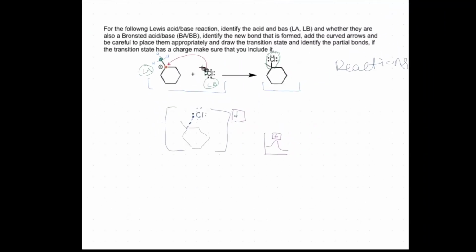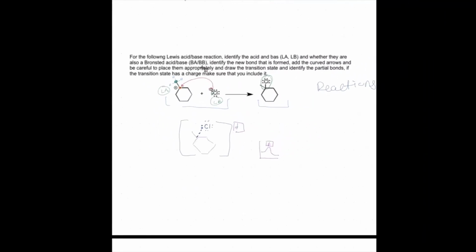Another question, because in the lecture she did say, if I'm remembering correctly, that if it's a Lewis acid and a Lewis base, it's also a Bronsted acid and a Bronsted base. All Bronsted acids and Bronsted bases are Lewis acids and Lewis bases, but not all Lewis acids and Lewis bases are Bronsted acids and Bronsted bases. So remember, Bronsted specifically has to do with hydrogen, giving or accepting a hydrogen.